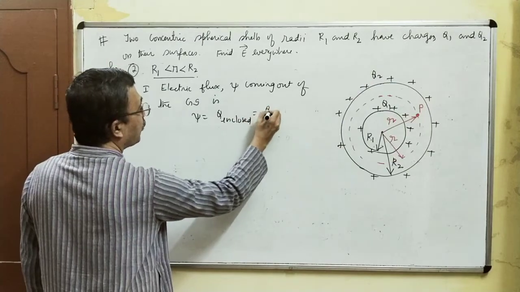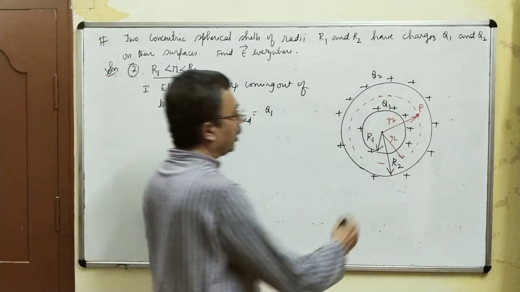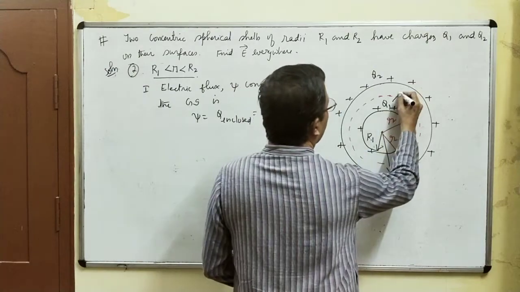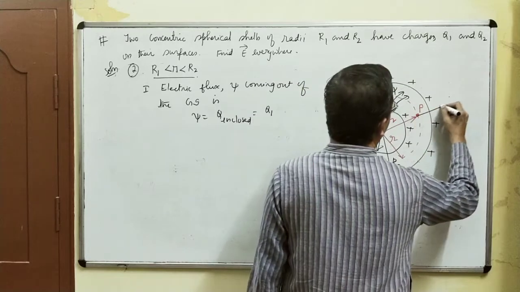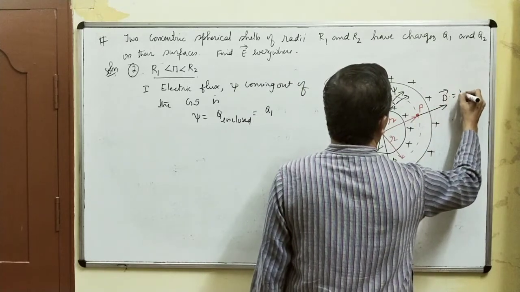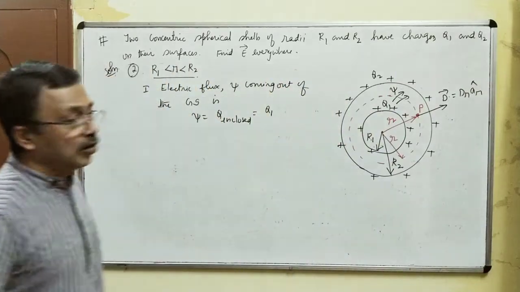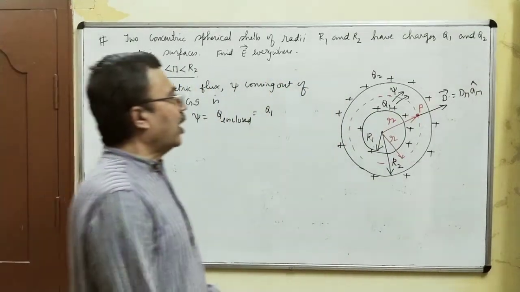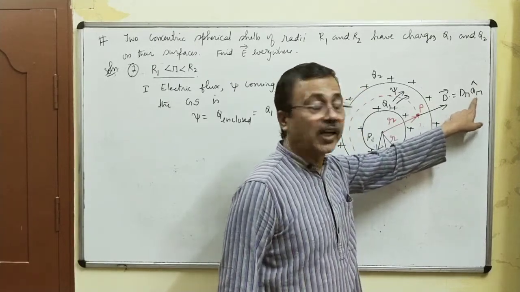Charge enclosed is Q1. If we assume that these are the flux lines coming out of the Gaussian surface, vector D is in the radial direction given by Dr into er cap. Vector D is assumed to be in the radial direction and has a magnitude Dr, direction specified by the unit vector er cap.